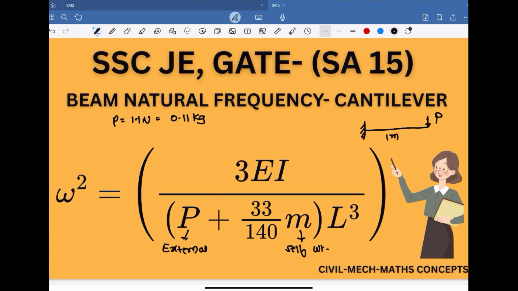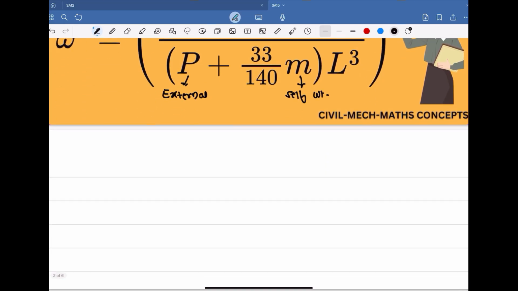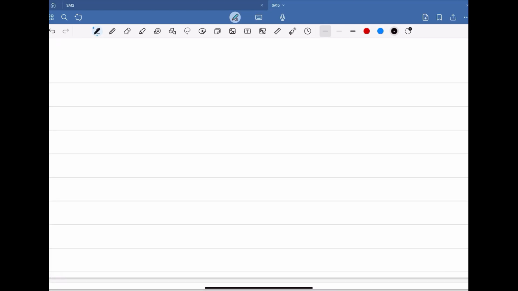Now, we will further try to solve this problem. What is the value of P? P is equal to 0.11 kg. What is M? M is equal to rho into volume.